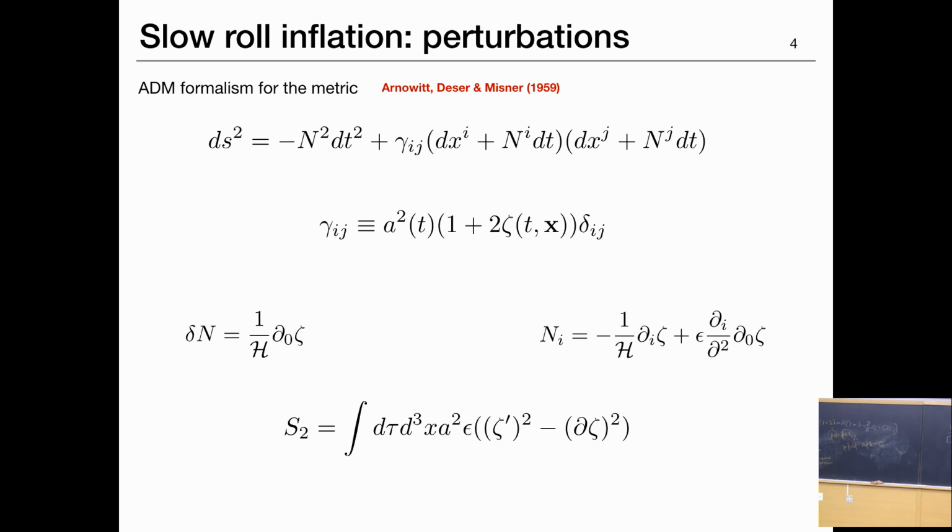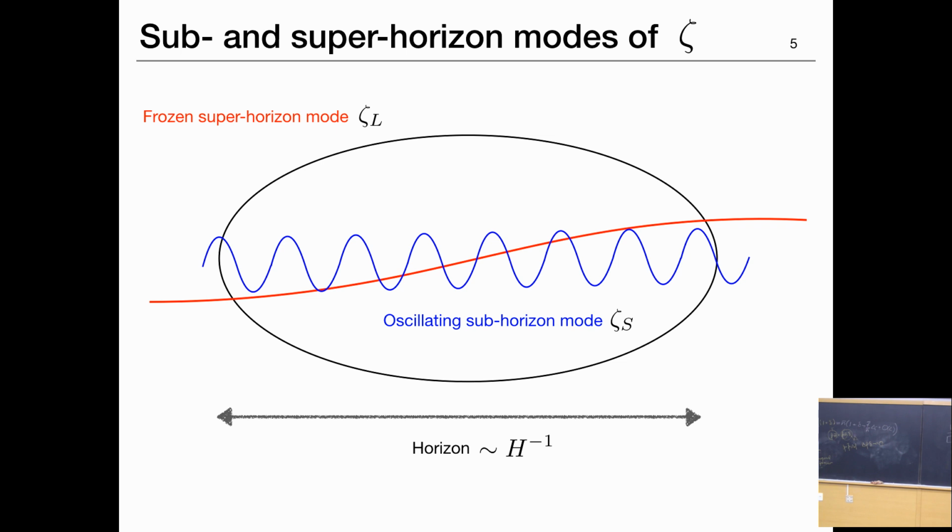The perturbations are the most important thing because they tell us about the observables in the sky, such as the correlation function, the power spectrum, the bispectrum, and so on. This is the behavior of the perturbation in this framework of slow roll inflation. When the perturbations are outside the horizon, they freeze.